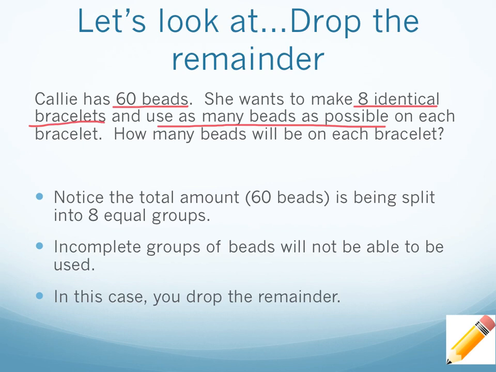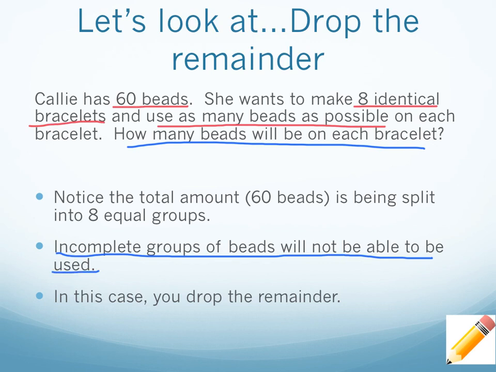That means she wants to use up as many as she can and leave very little left over. In this case, to answer the question, how many beads will be on each bracelet, my incomplete groups of beads will not be used. So for the answer to this question, I will drop the remainder. Let's solve it and see what that might look like.